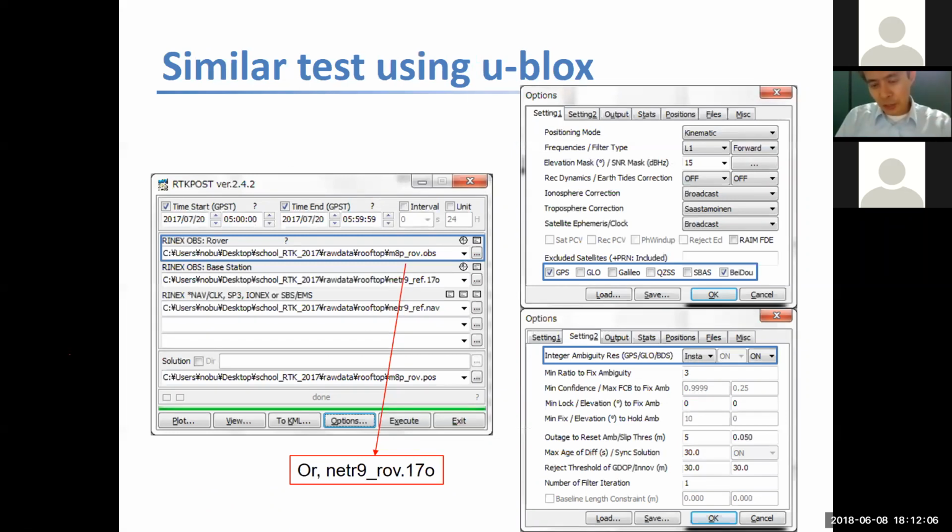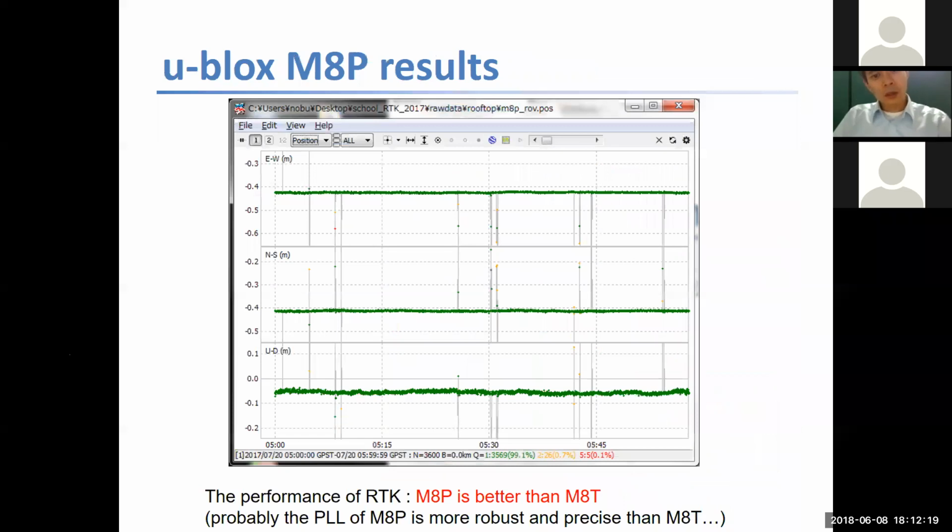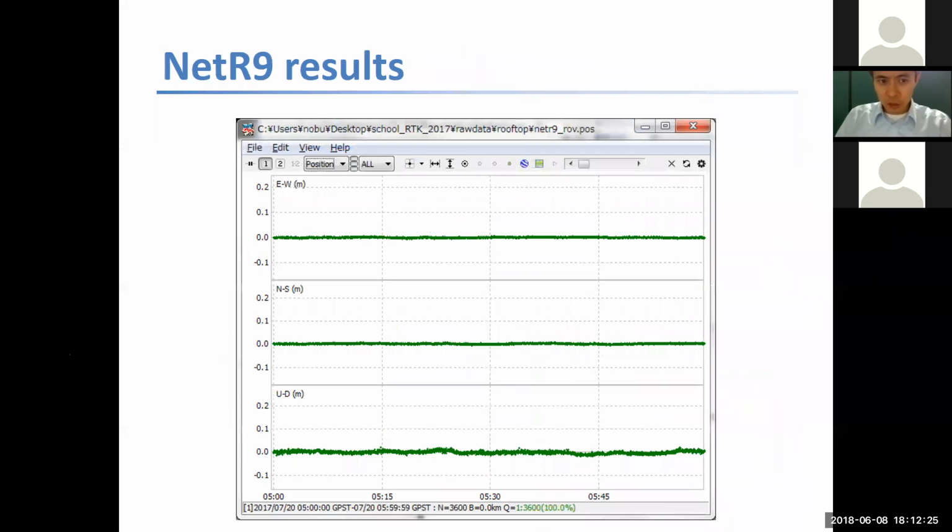The float solution is differential GNSS level, not decimeter level. It's always maybe 1 meter, or maybe 80 or 70 centimeters. That's why there is a difference between the M8P and NetR9, because the single epoch differential GNSS performance of the NetR9 is better than the M8P. If you have time, I would like you to check using the same data, as I already uploaded on the website.